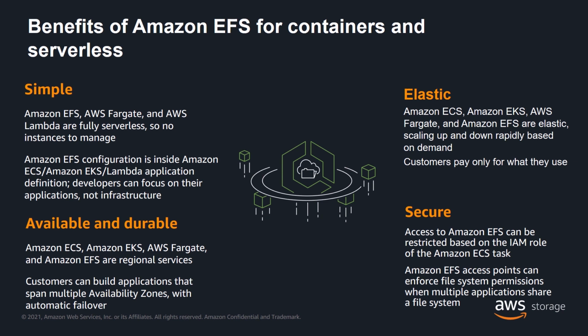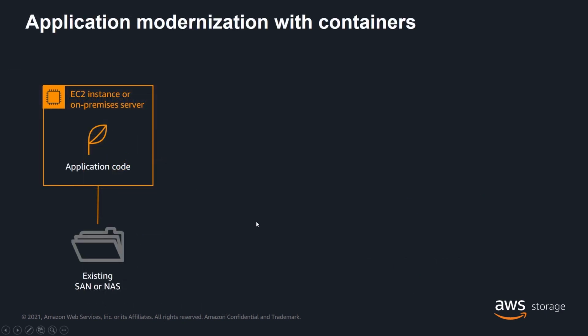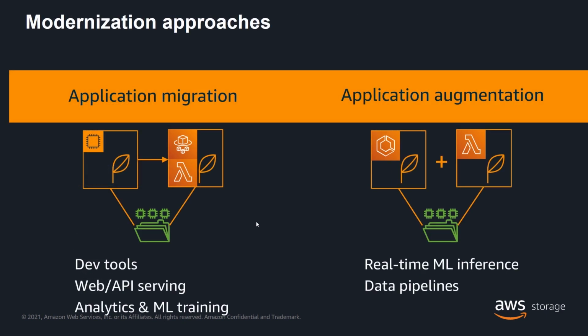So when you talk about application modernization, there are two paradigms, or approaches. One is application migration, and there's application augmentation. When you talk about application migration, think about things like web or API serving using content management systems, where you want to modernize your websites or your digital experiences to run from, let's say, on premises or EC2 instances, on containers or serverless, so that they can scale better, iterate faster, and all the other reasons that we talked about.